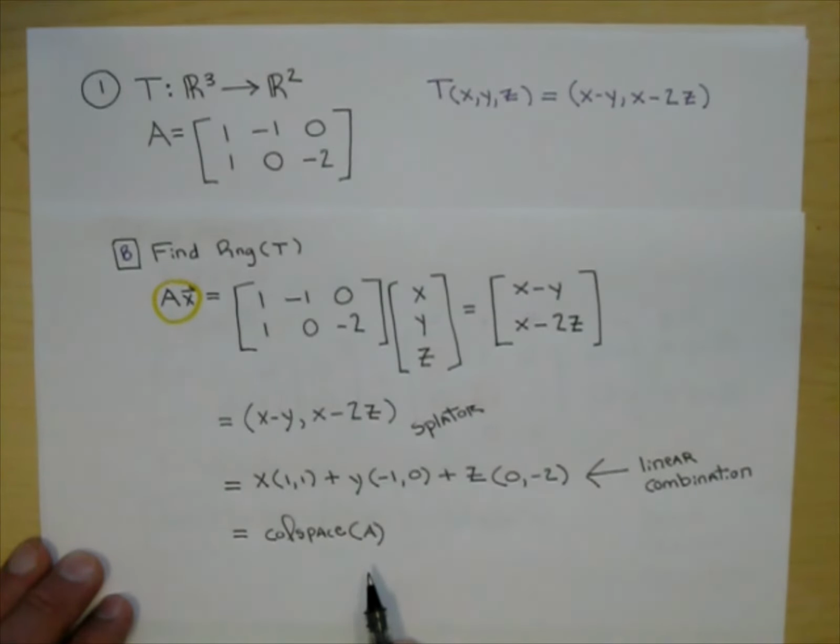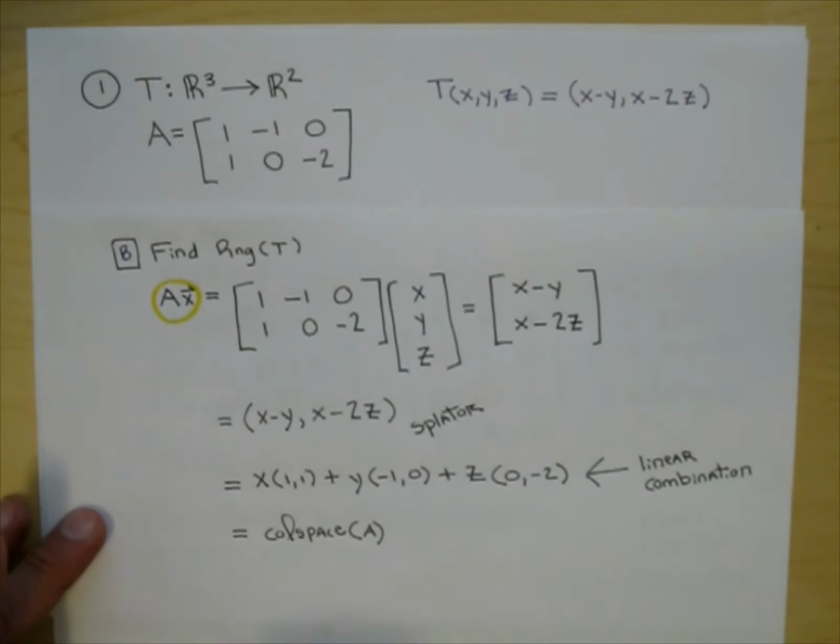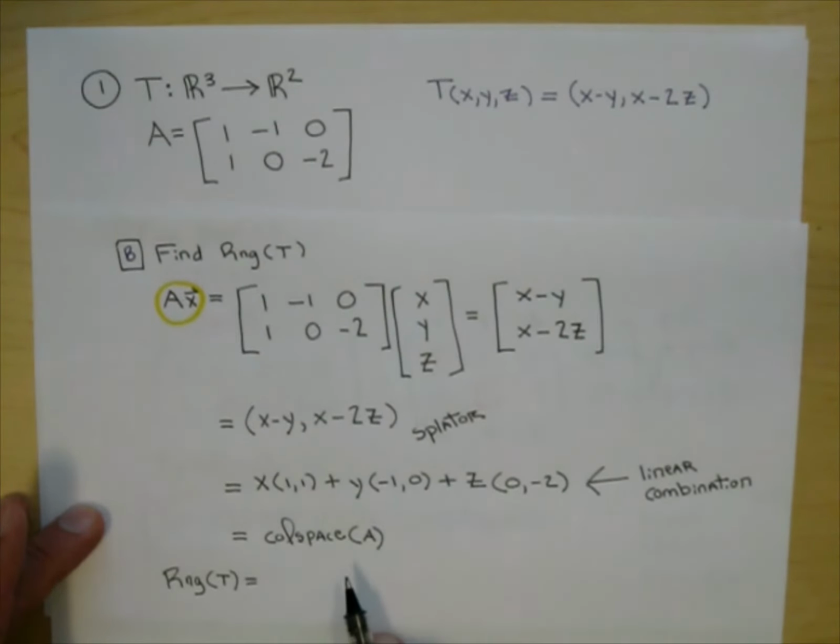Absolutely. So the next time we wouldn't have to write this all out. We could just remember that the range of the transformation happens to be the column space.